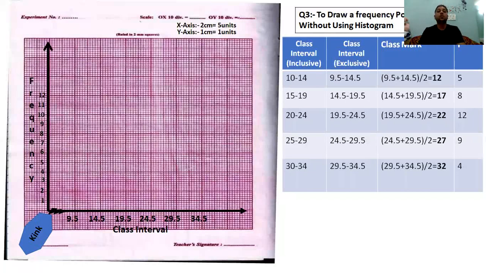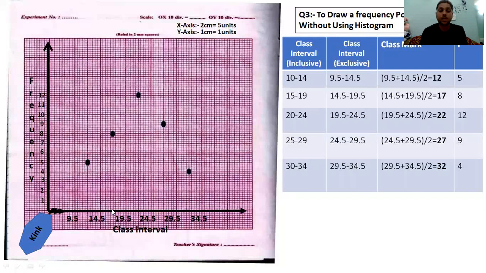Now we are not going to construct the histogram here. We just proceed from 12 and 5. Here we have 12, which is the central point, then 1, 2, 3, 4 and 5. This is the first point, 5. We draw the point here.